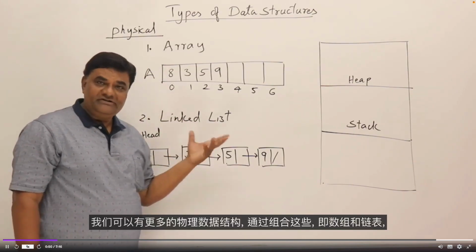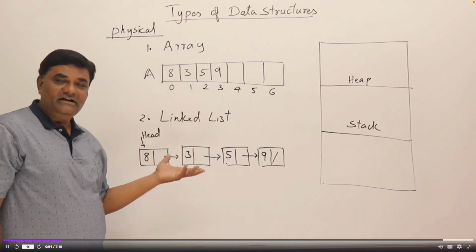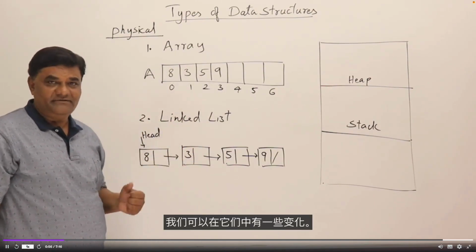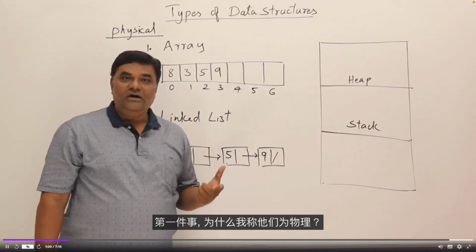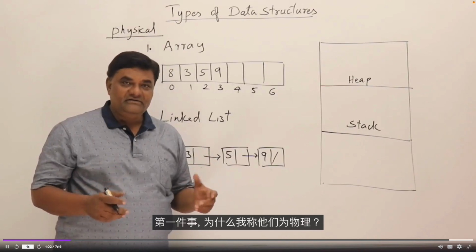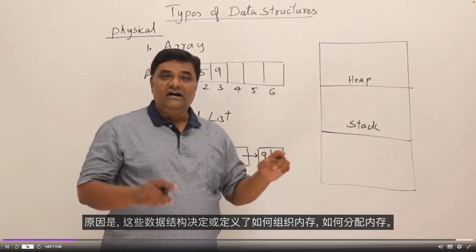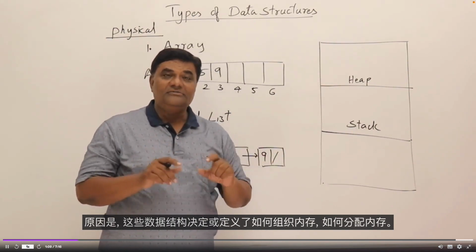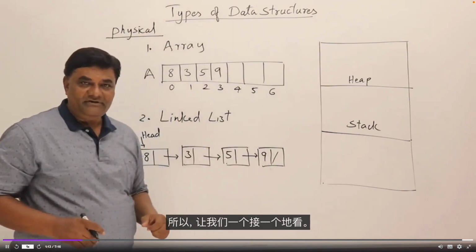We can have more physical data structures by taking a combination of these, with some variations in them. Basically these are two. Why am I calling them physical? The reason is these data structures decide or define how the memory is organized and allocated. So let us look at them one by one.